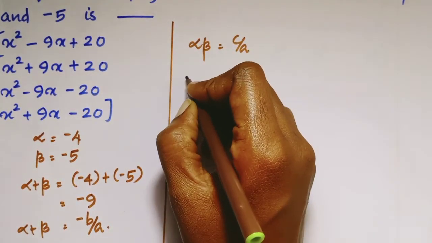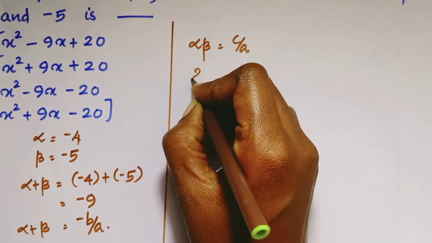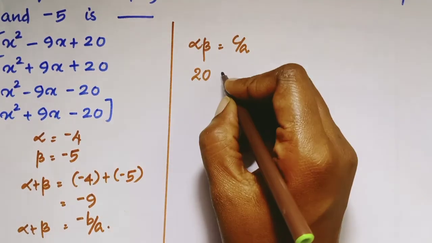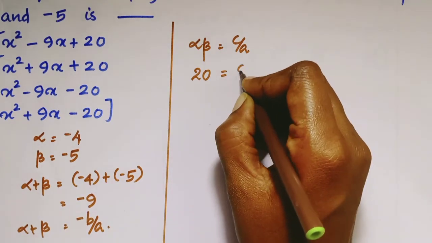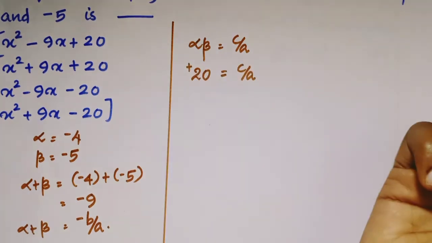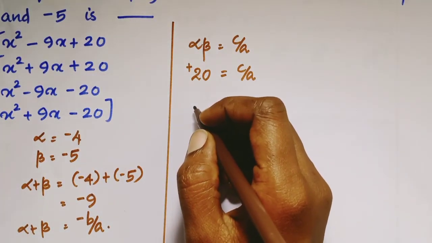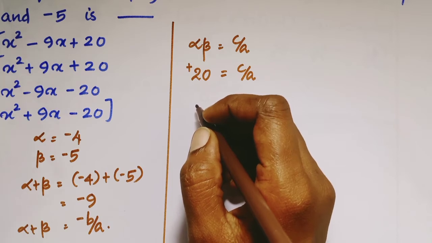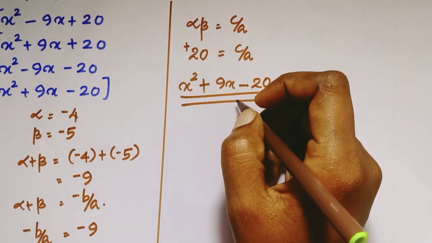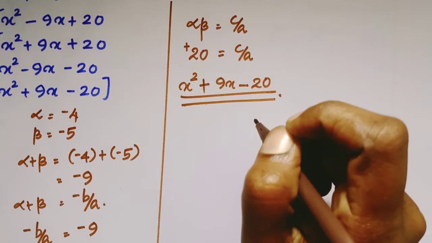Here alpha is minus 4 and beta is minus 5. So alpha beta is 20. So 20 equal to c by a. That is positive. So which one is the right answer? x square plus 9x plus 20 is the right answer.